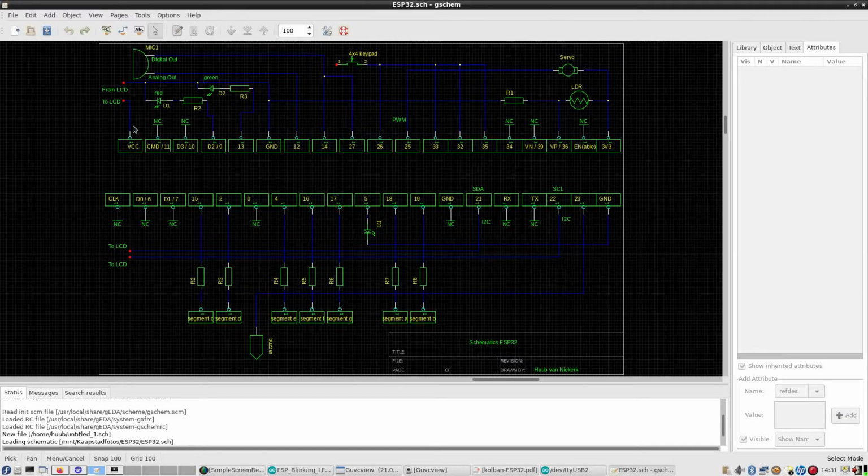So this is not 5 volts in, it is now 5 volts out to the LCD. And this is ground, not out, but ground in for the LCD.